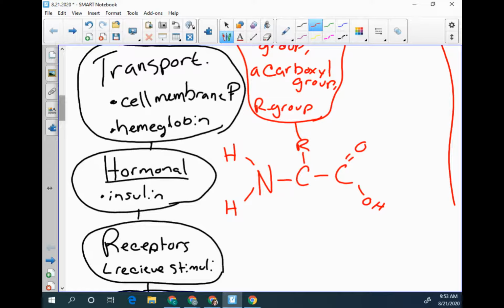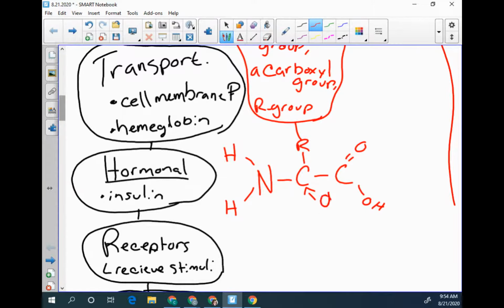We have our amine group over here with the N and the two H's, and we have the carboxyl group with the double bonded oxygen and the OH group. And then we have the R group, which is what gives each individual amino acid its identity. This central carbon right here is called the alpha carbon.